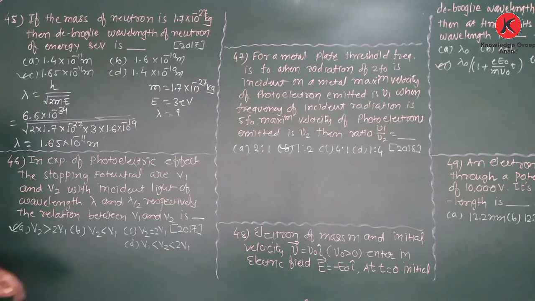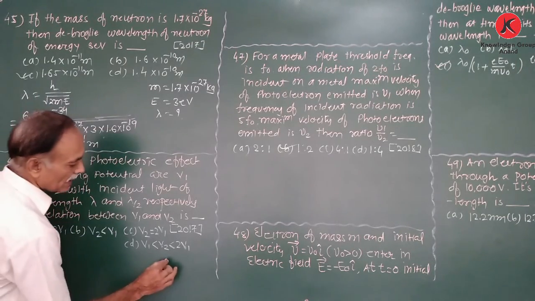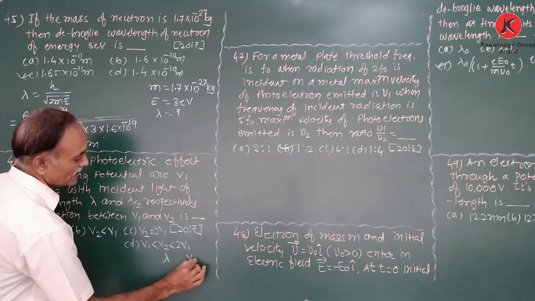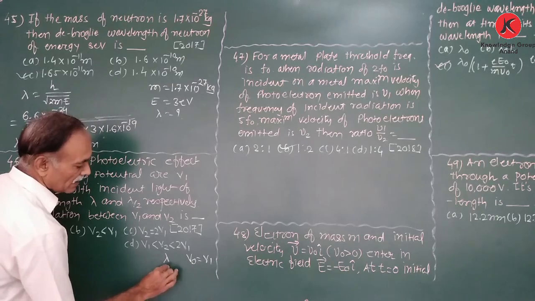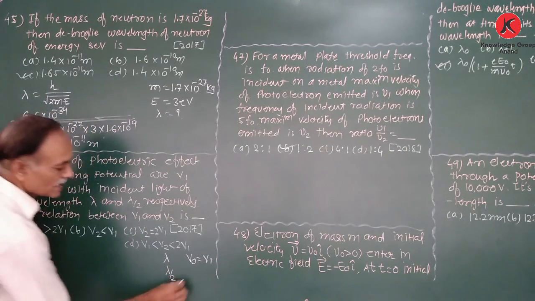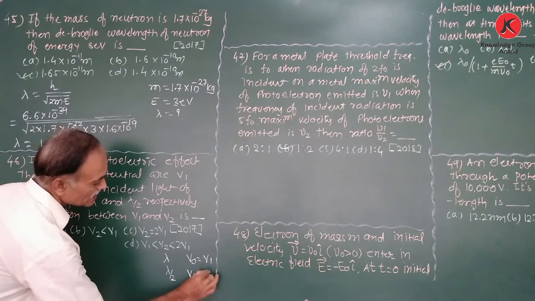Now next, also asked in 2017. In an experiment of photoelectric effect, the stopping potentials are V1 and V2 with incident light of wavelength lambda and lambda by 2. That means when light of wavelength lambda is incident, the stopping potential is V1, and when light of wavelength lambda by 2 is incident, the stopping potential is V2.